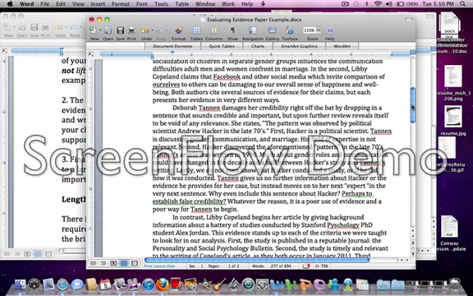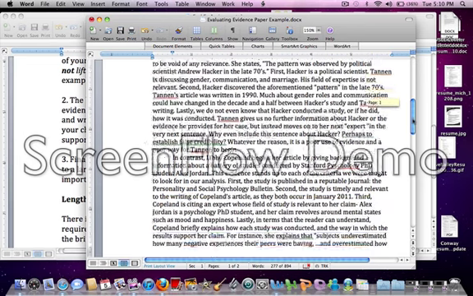Okay, let's stop for a little bit of explanation here. So I've gone through my first piece of evidence for Tannen and each of the columns in our chart, which talked about field of expertise, date of publication, focus of the research, and I've used each of those columns to address that piece of evidence and to explain why it's either good or bad, strong or weak. Now I'm going to do the exact same thing for Libby Copeland's first piece of evidence.